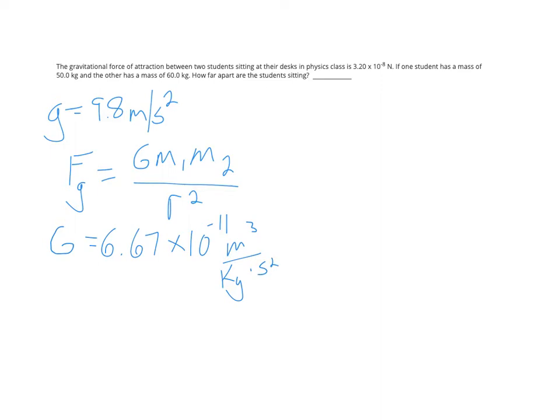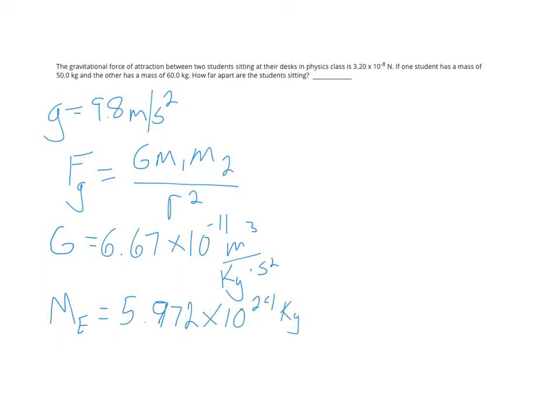A lot of times we are looking at things that are rotating around the Earth or attracted to the Earth, so we need to know the mass of the Earth. The mass of the Earth is 5.972 times 10 to the 24th kilograms.